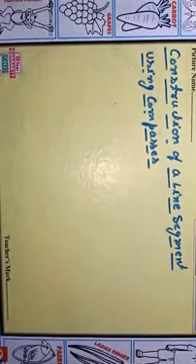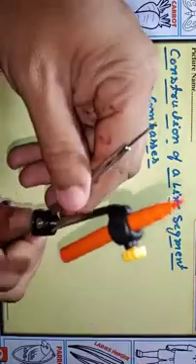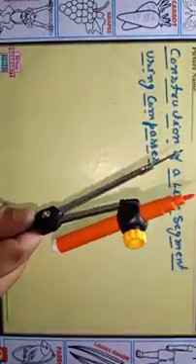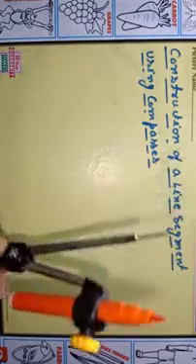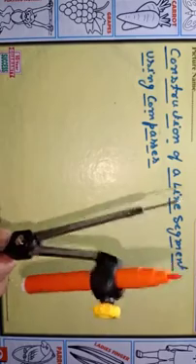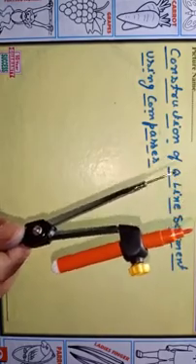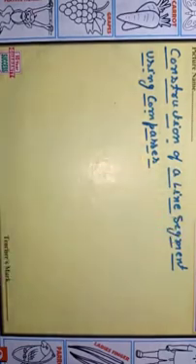Now next, construct a line segment using a compass. Dear students, you know a compass. This is called a compass. We use this compass for measuring the length of a line segment, or to make an arc or a circle.